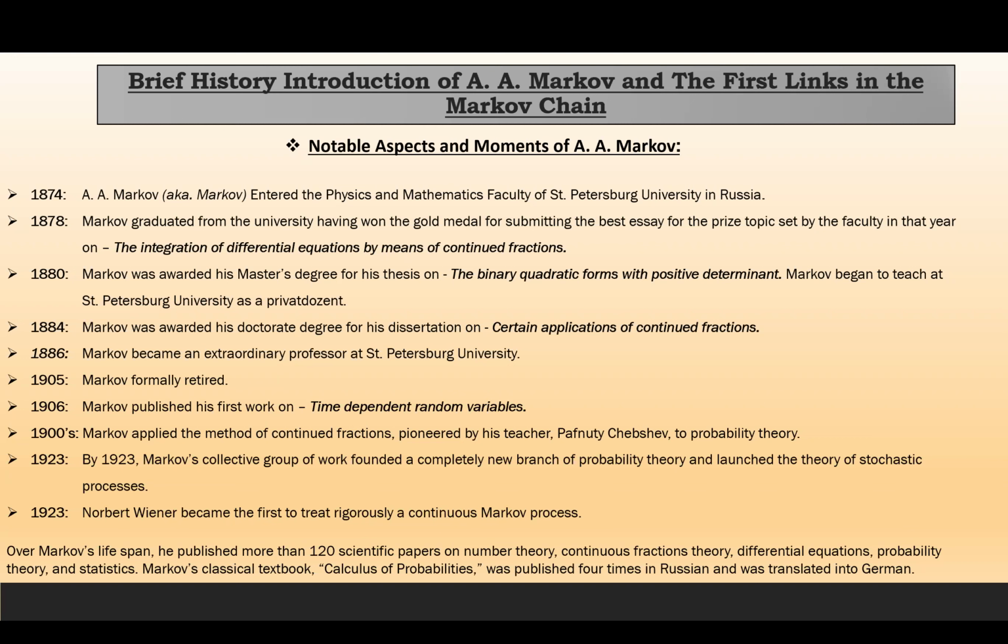In 1923, Norbert Wiener, an American mathematician, became the first to treat continuous Markov processes rigorously. The foundation of the general theory was provided during the 1930s by Andrei Kolmogorov, a Soviet mathematician.